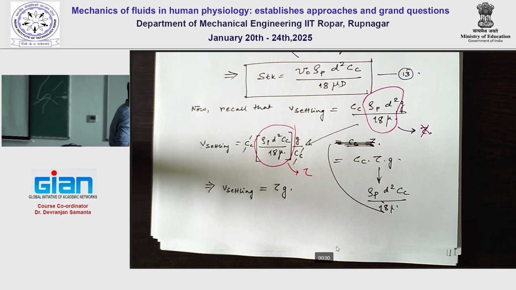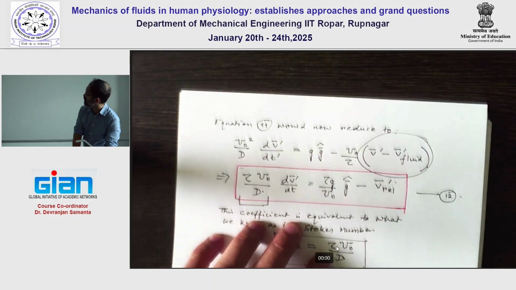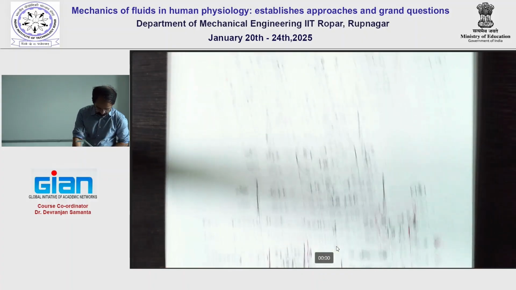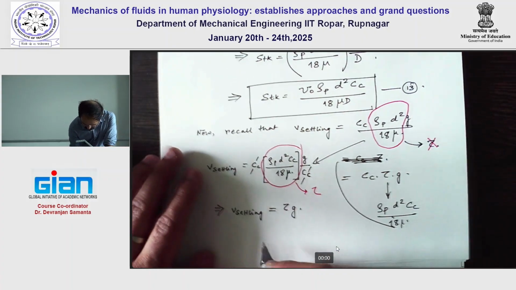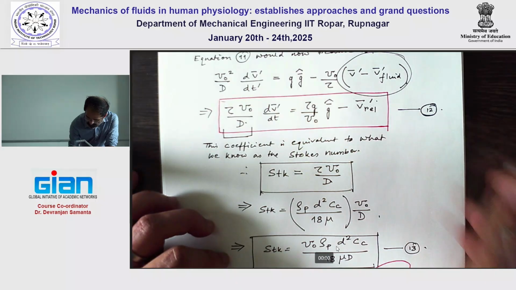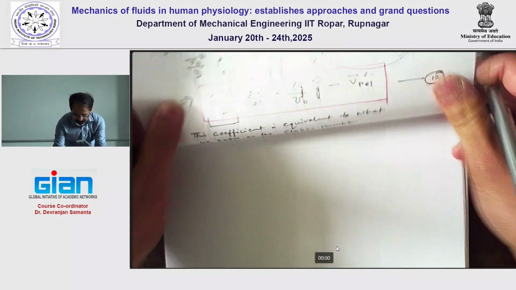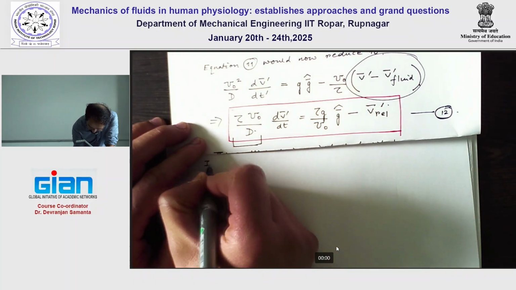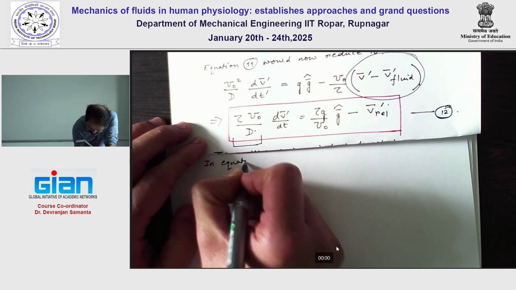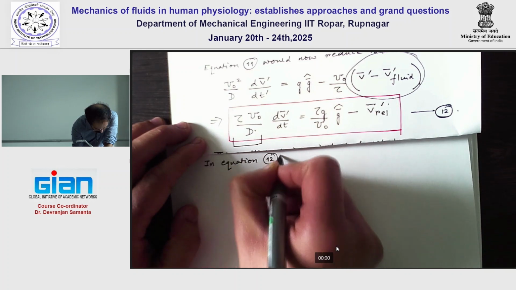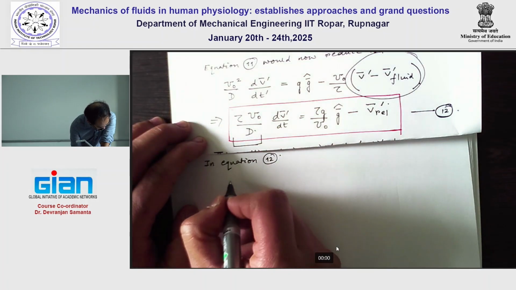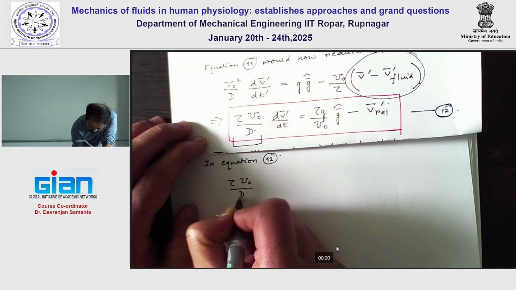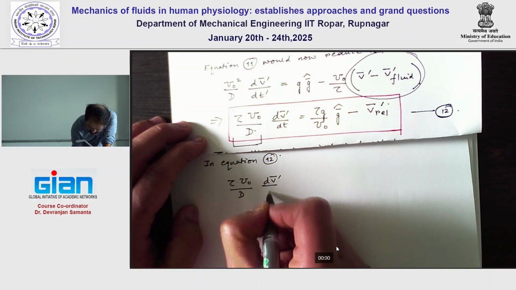So let's try to use this in the formulation because we still have this tau g over here. So in equation 12, we have tau u naught over d times dv prime dt.